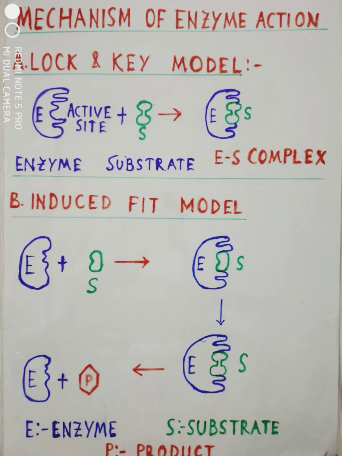In Fischer's model, the catalytic site is presumed to be pre-shaped to fit the substrate. However, Daniel E. Koshland postulated that enzymes are flexible and the shape of the active site can be modified by the binding of the substrate.